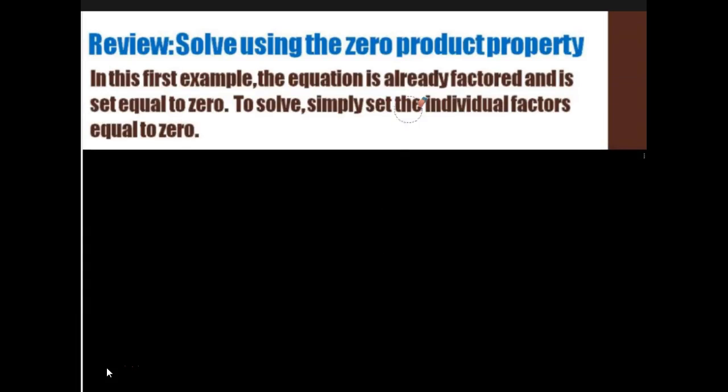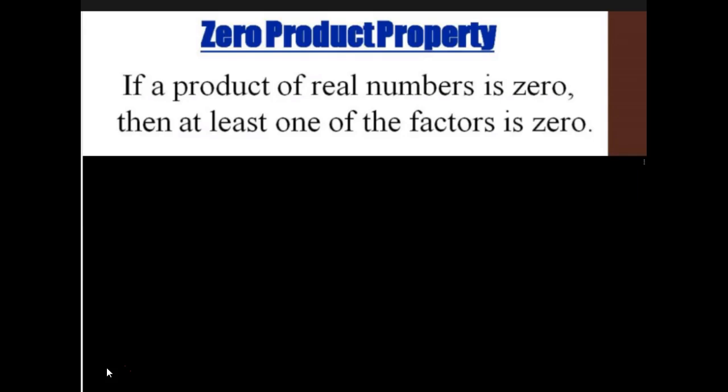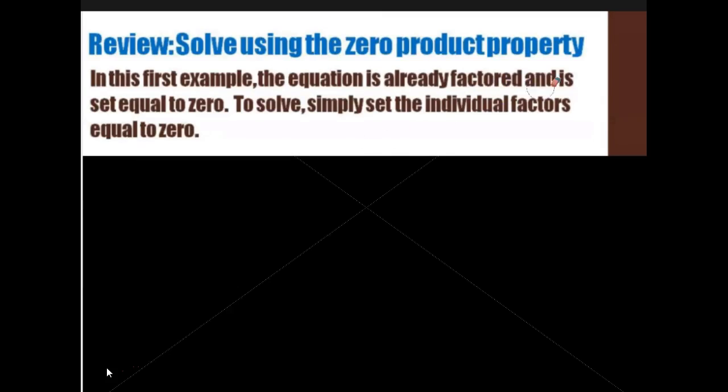So in that first example, the equation is already factored for you and set equal to 0.